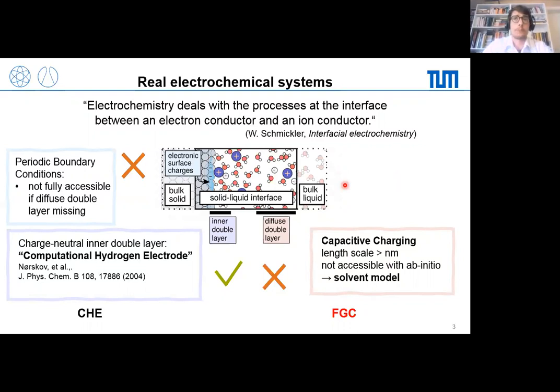And so, I think for the most part of the theoretical work, what the community has agreed on is that we ignore, at least in the past, these diffuse double layer stories, and we focus especially on all the chemical bonding and things that happen at this inner double layer.